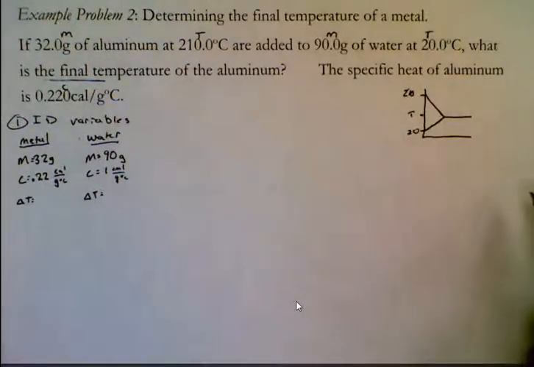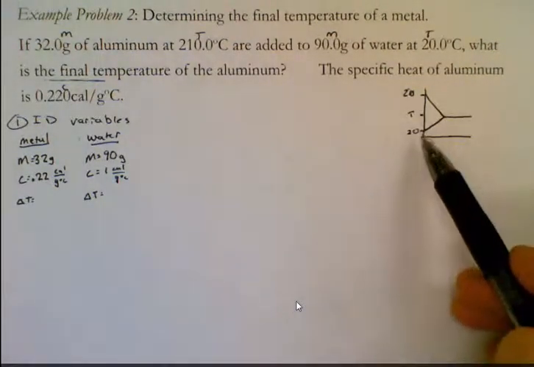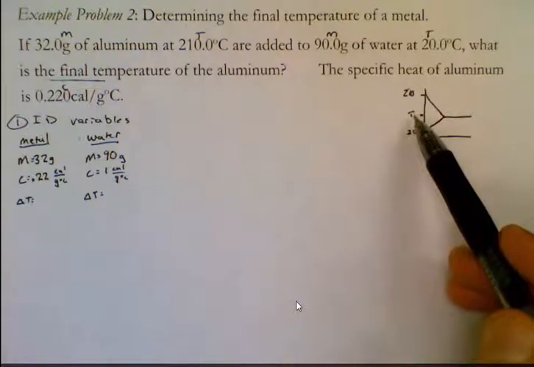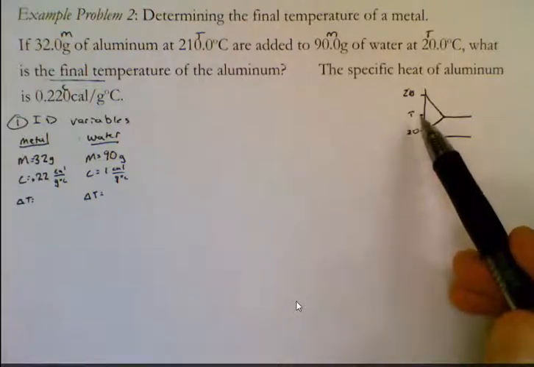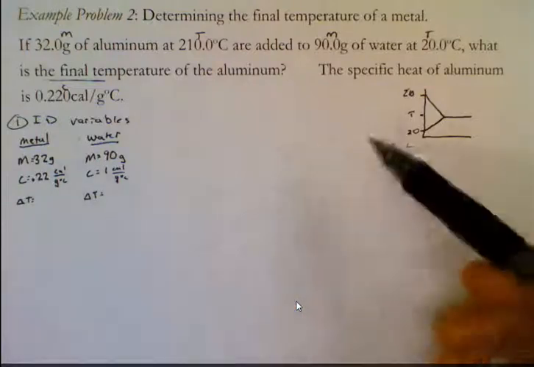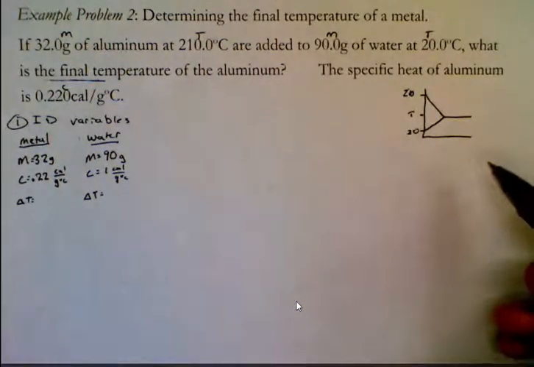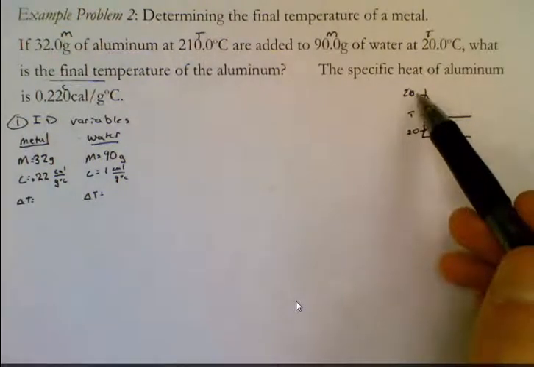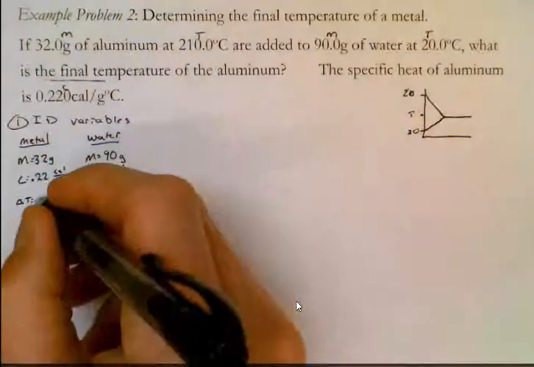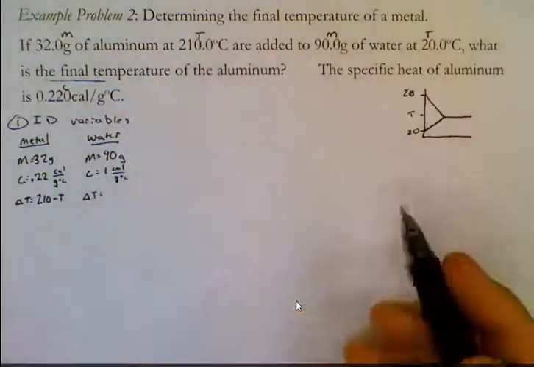Because of that, we can use T as a variable, and since T is the same for both substances, we only need to use T instead of something like X and Y. Since our delta T has to be positive, we need to think about what order we're going to put these T's into the equation. Since 210 is going to be bigger than T, we're going to do 210 minus T so that delta T will be positive.